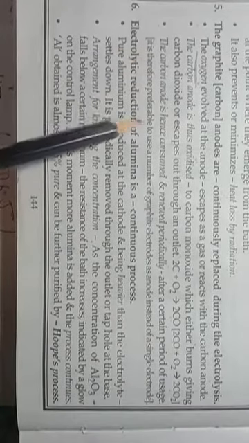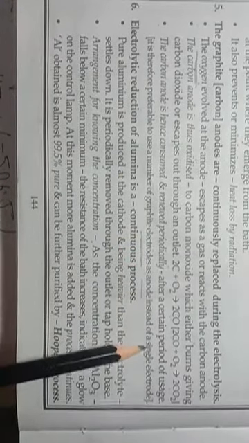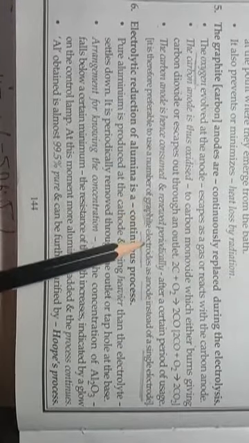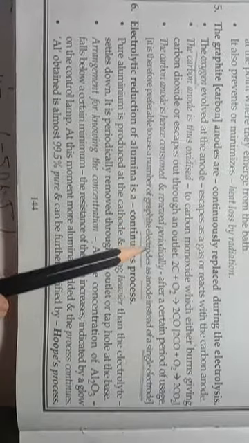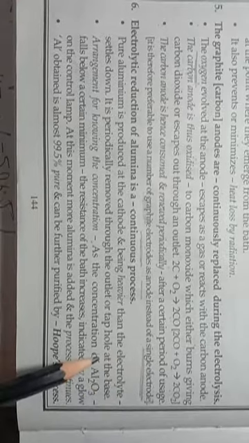It is therefore preferable to use a number of graphite electrodes as anode instead of a single electrode. So that is why we prefer to use a number of graphite rods as the anode instead of one single rod.